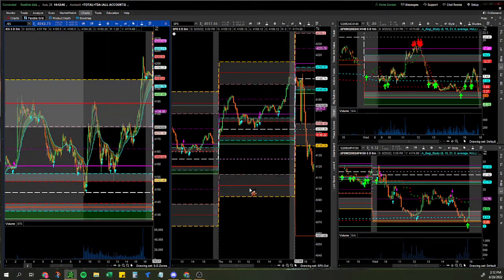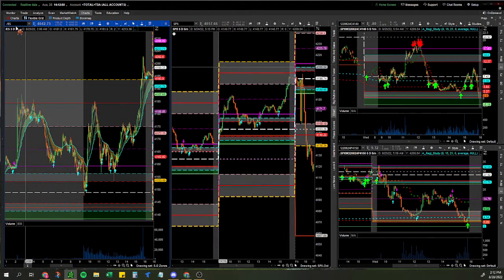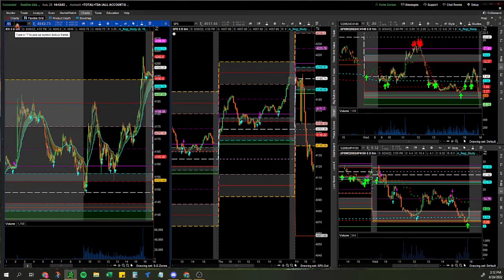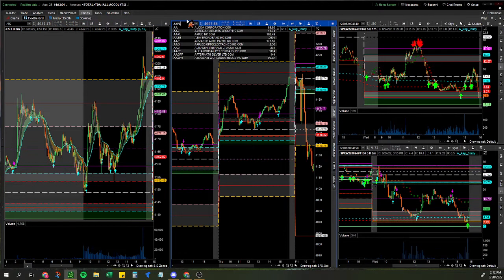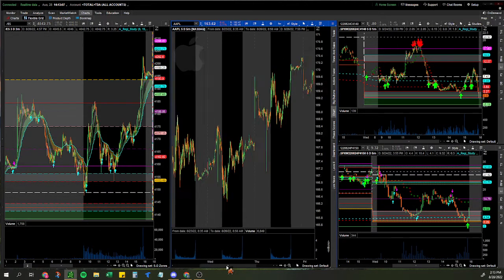But all throughout the day, at any given point, these tools are meant to show us where we should load. In fact, let's just randomly pick some ticker. Let's go with Apple. Let's look at that Wednesday.